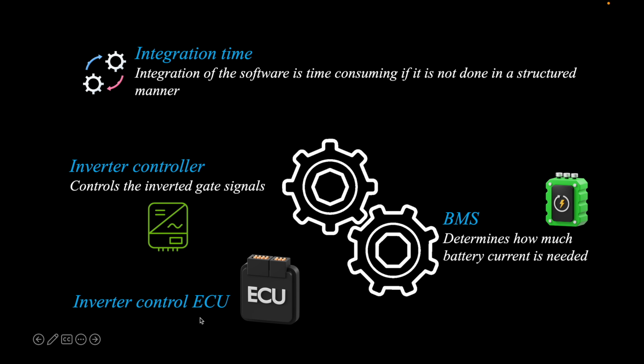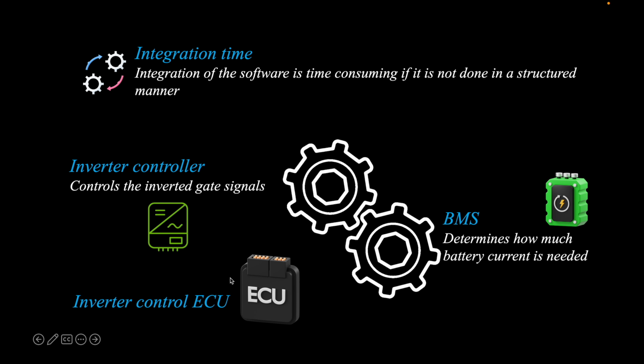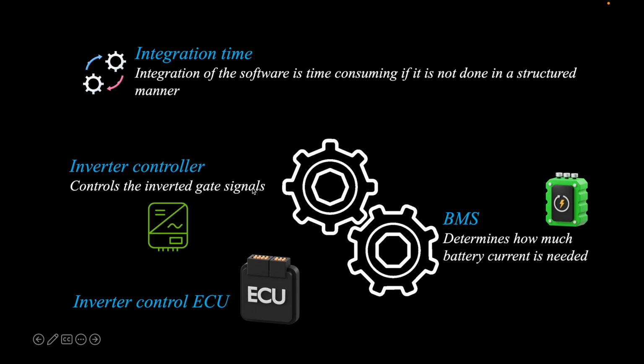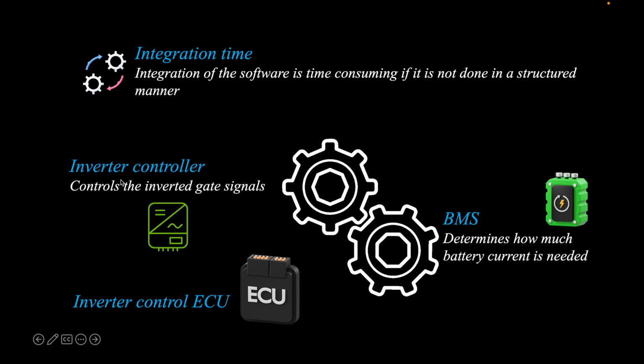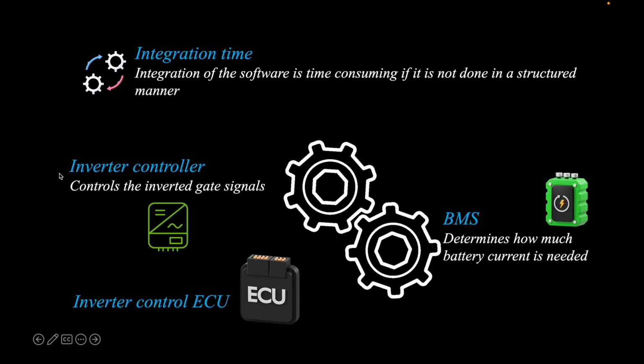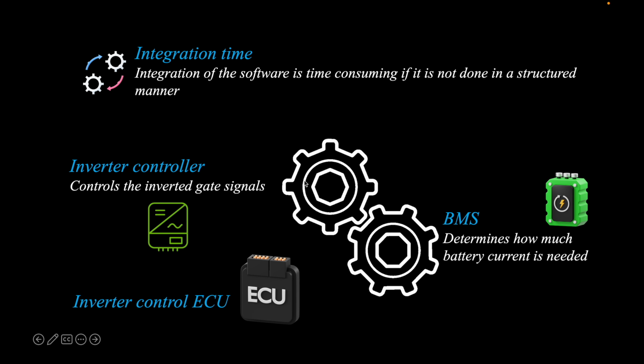The inverter ECU will get a request like, I want to generate this much output. Based on that, a control signal should be generated. That feature, the inverter control functionality, may be developed in one software component, which could be this one.